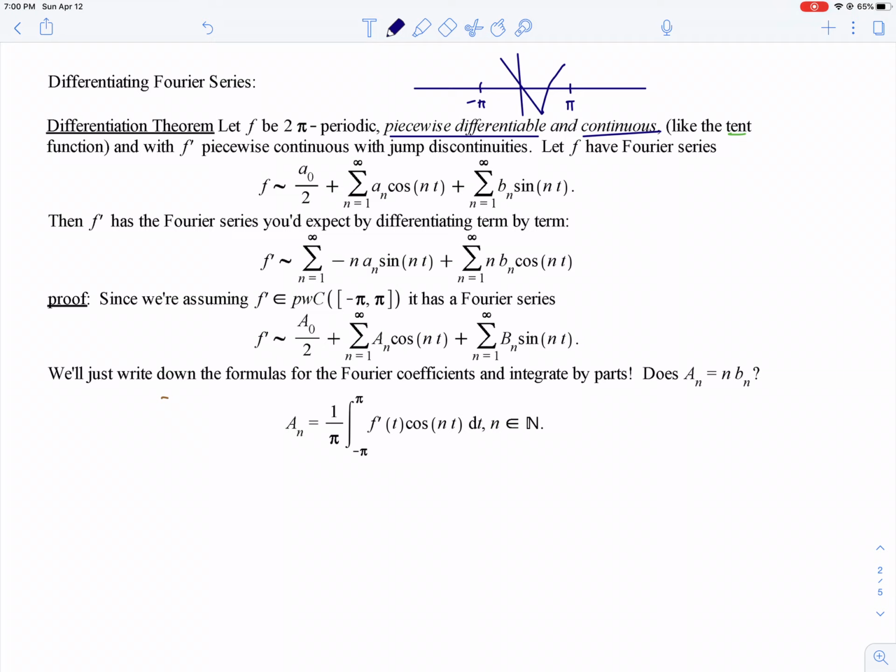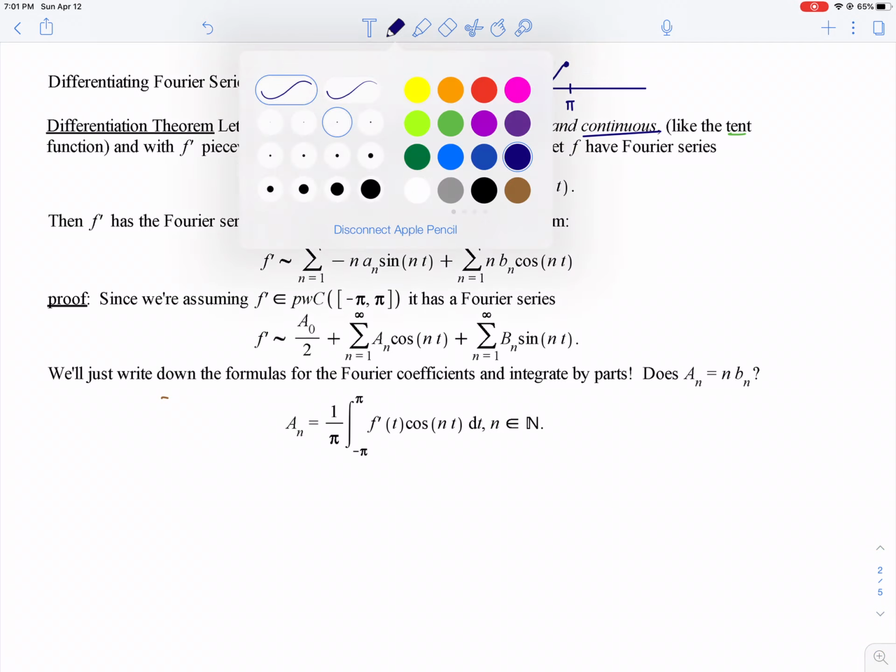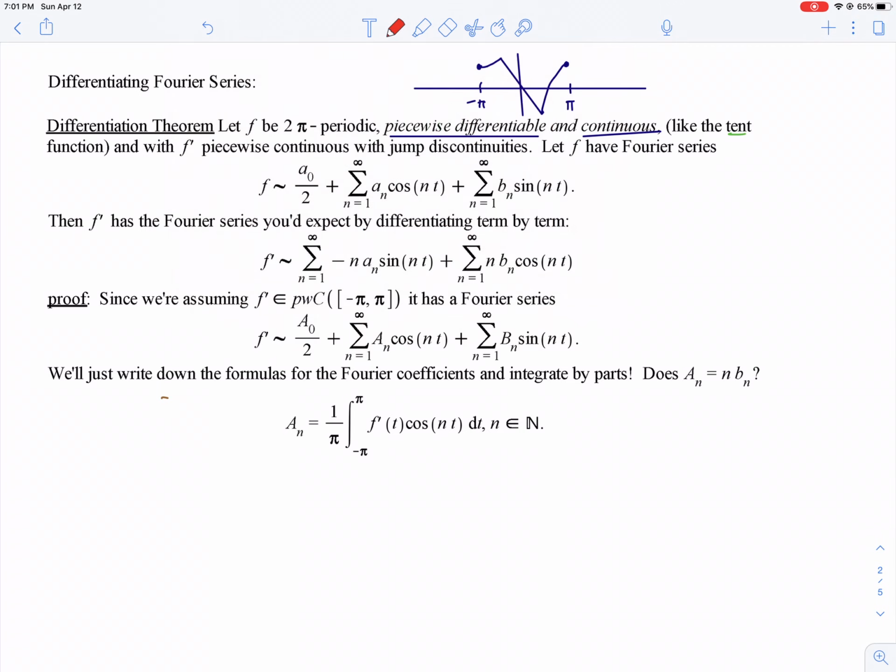So the derivatives have jump discontinuities at the continuous but not differentiable points. Okay, we want the whole thing to be continuous. So that means that the values at minus pi and pi have to match up. Okay, and then you can also think of the 2 pi periodic extension, where we go to the right and to the left.